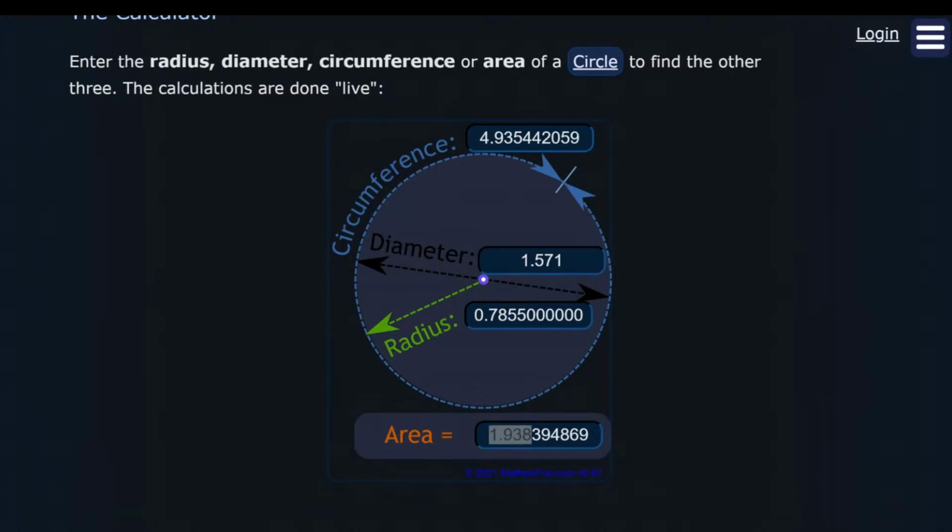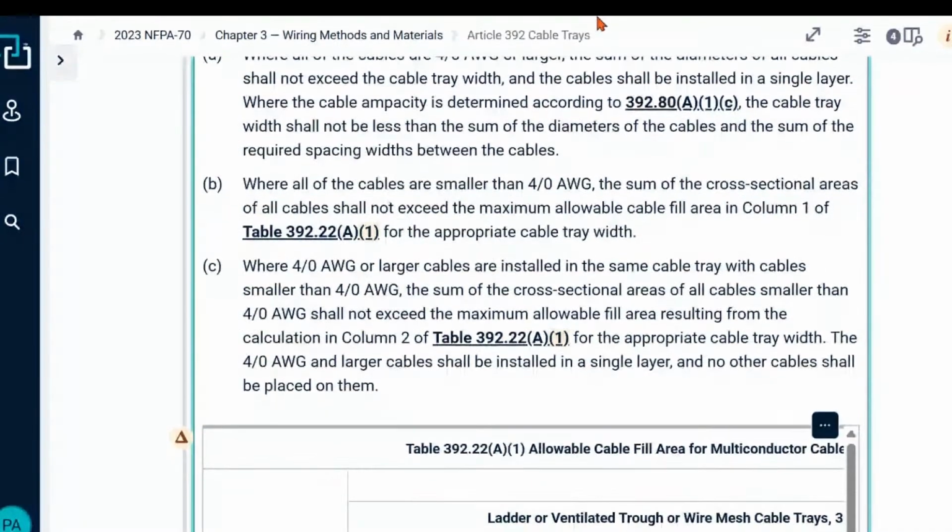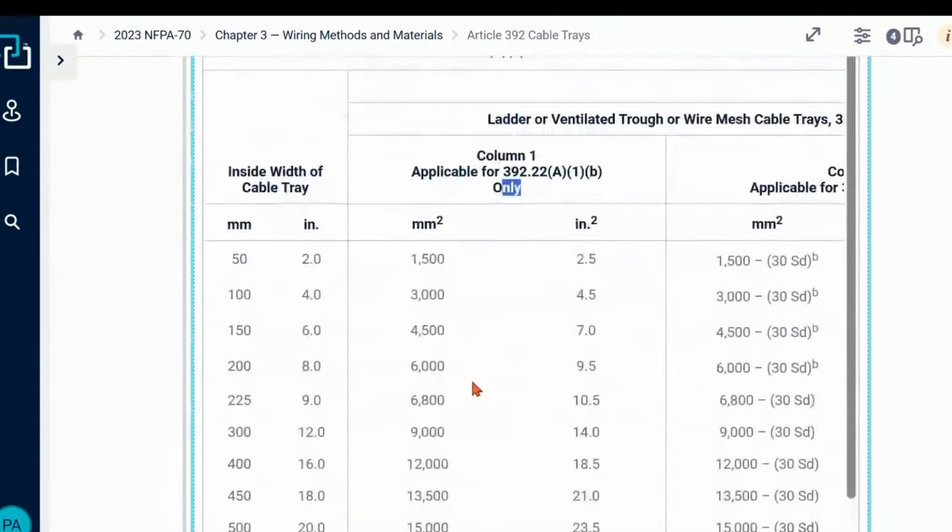So if we come back to the NEC and we come down here, you can see that I could get one of those cables in this one, right? But let's say I'm going to use a typical 12-inch cable tray, which is 14. So I'm going to take that 14 and divide it by 1.938, and that gives me 7.22.